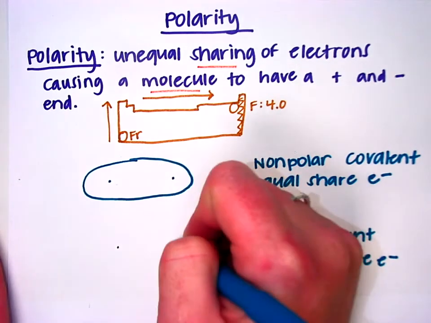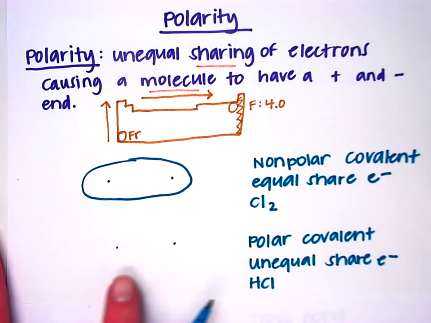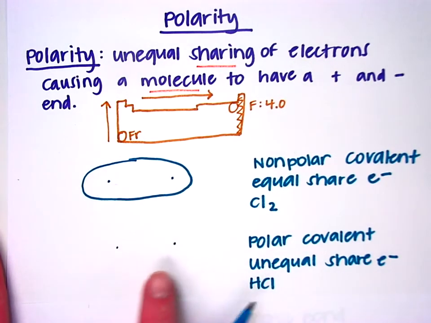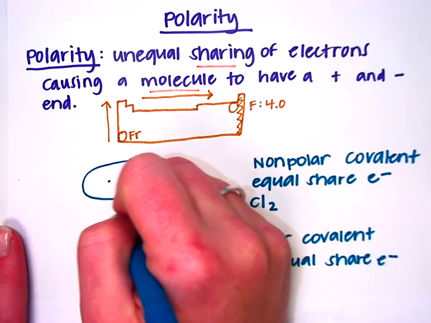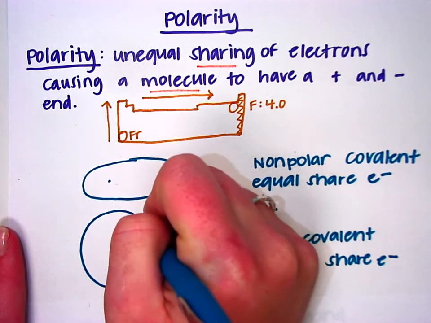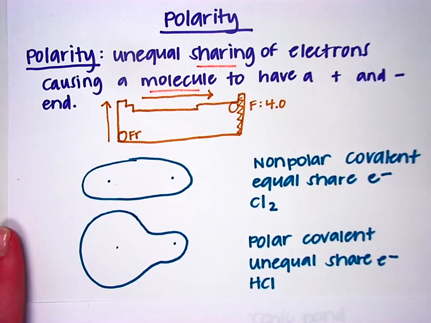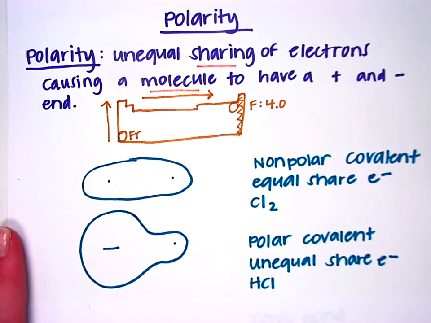If I have my two atoms, the electrons are traveling back and forth in a mix and mingle type scenario, but every time they see chlorine over here, they just want to hang out here a little bit more. Since the electrons are hanging out here more and with hydrogen less, we start to see a shape like this. What that causes is called a dipole moment, where one side of the molecule becomes more negative and the other side more positive. So that is a polar covalent bond.